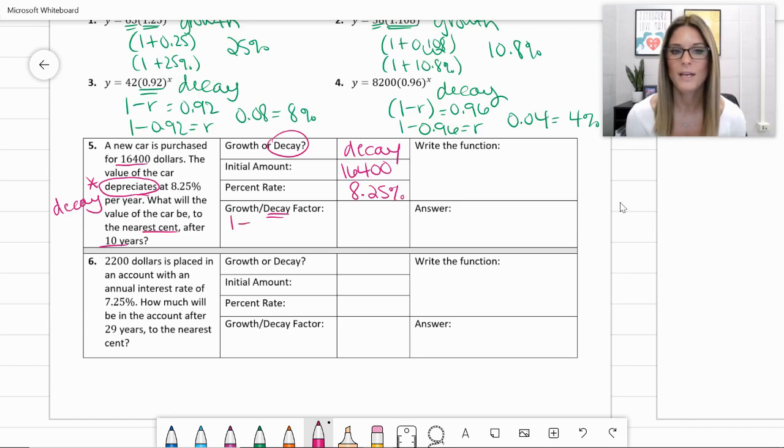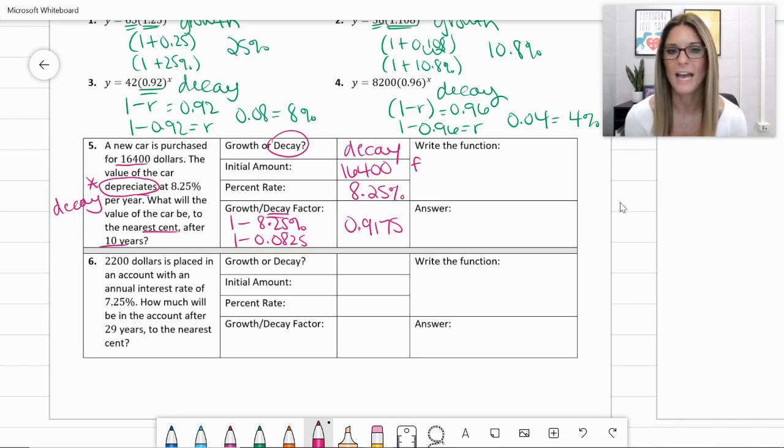So I'm going to do 1 minus my rate, 8.25%. But let me change it to a decimal. 1 minus 0.0825 gives me a decay factor of 0.9175. So we have all of our pieces now. We have our initial amount, we have our growth or decay factor, and then we are going to raise it to our time, 10 years, here in a moment.